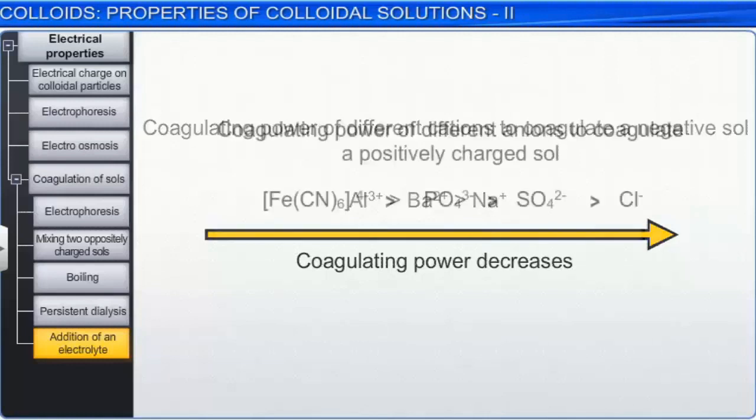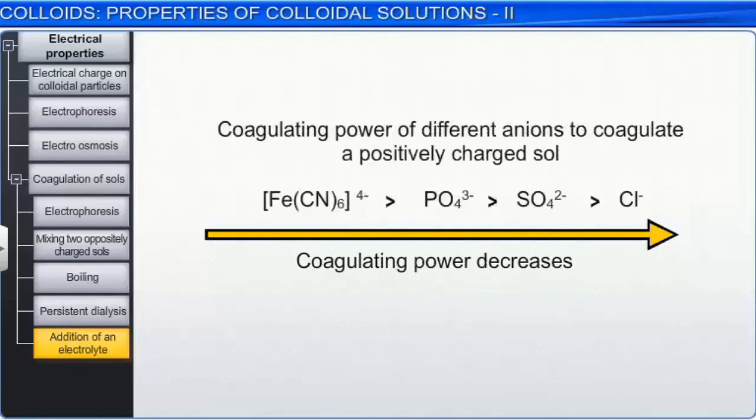Similarly, the coagulating power of different anions to coagulate a positively charged sol decreases in the order [Fe(CN)6]3- > PO4 3- > SO4 2- > Cl-.